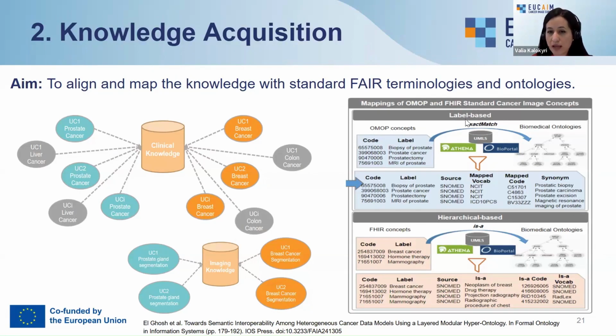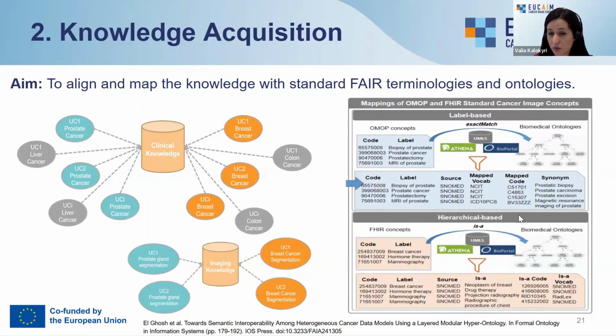Starting with the label-based, through UMLS, Athena, BioPortal, and all the known biomedical ontologies, we tried to find synonyms of concepts, alternative labels, and definitions of the concepts that existed. For example, you can see here the biopsy of prostate from SNOMED is an exact match, equivalent to the prostatic biopsy from NCIT. This we have done for all the concepts that exist.